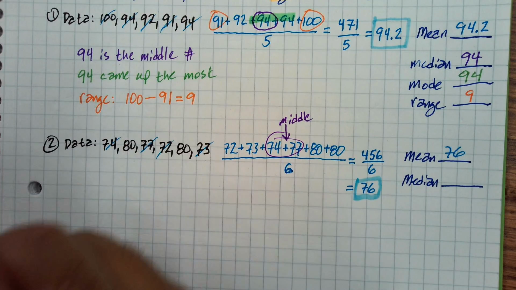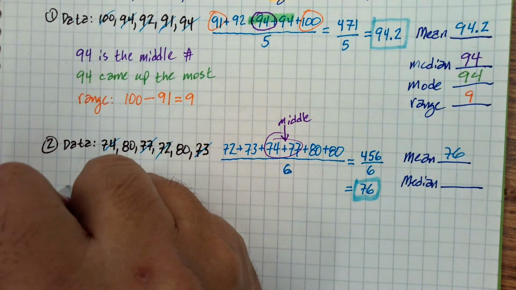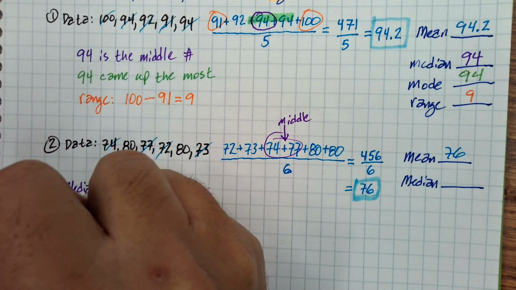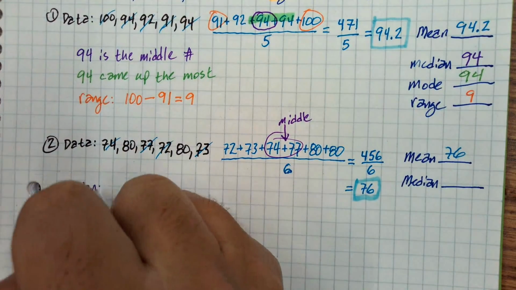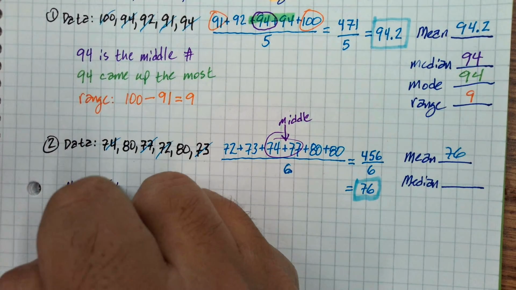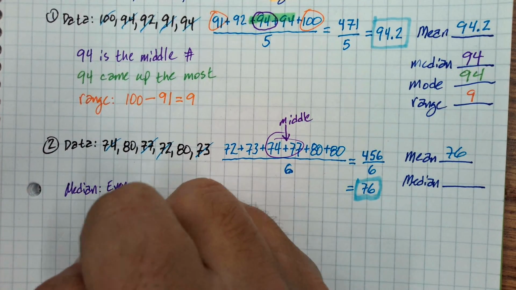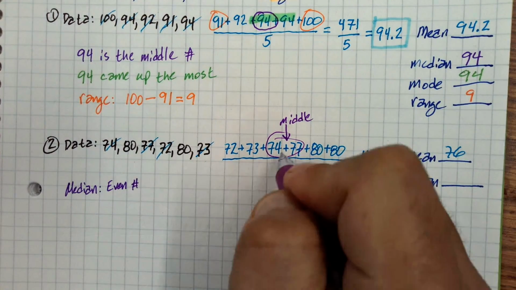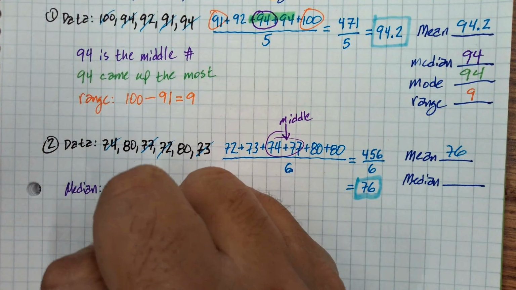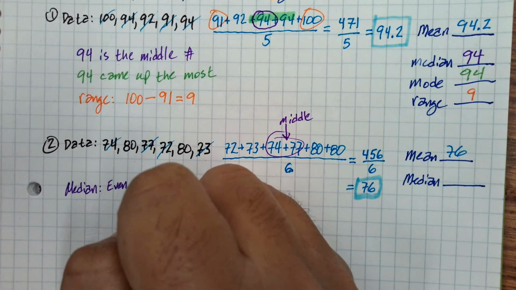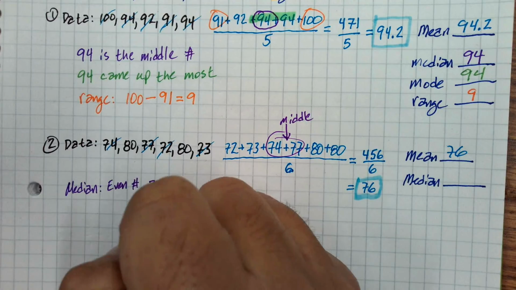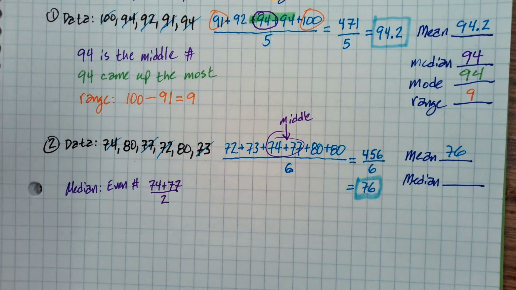Okay? So median. Since we have an even number, take the two numbers in the middle, the 74 and 77, add them up, and divide that by 2.